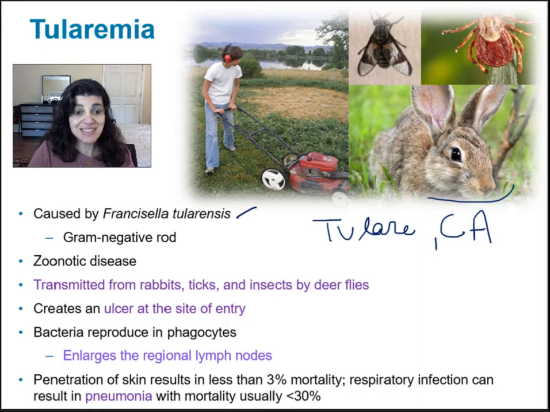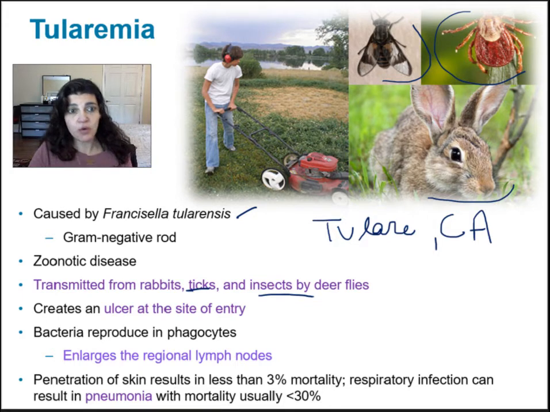You have ticks or insects such as deer flies. So that's the deer fly, and this is the tick, right? And they can transmit the bacteria from a rabbit or a small mammal to us.